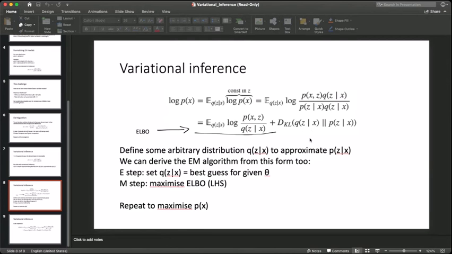Because in theory, the ELBO term should equal this term. No. What? How is that not true? Yeah, but why would it?